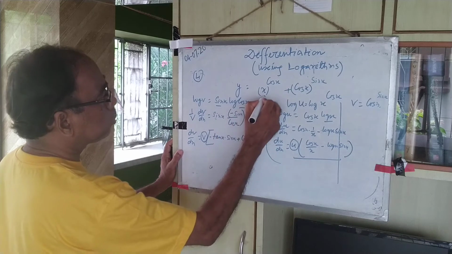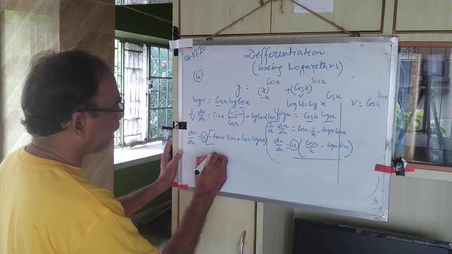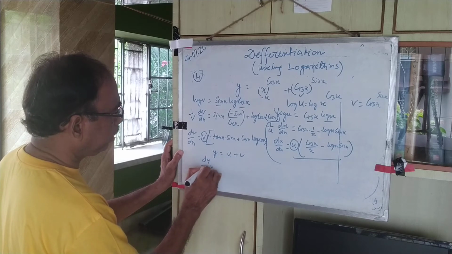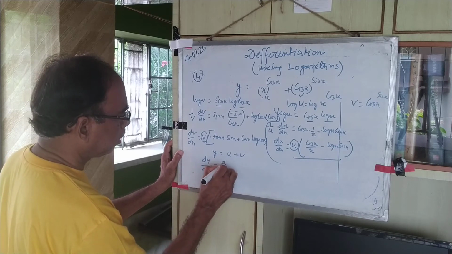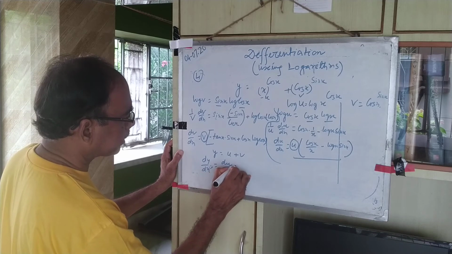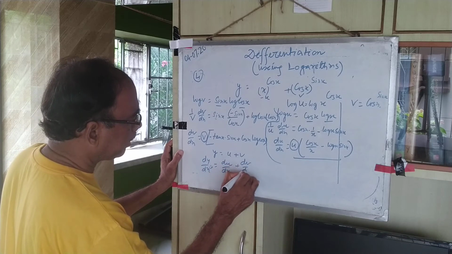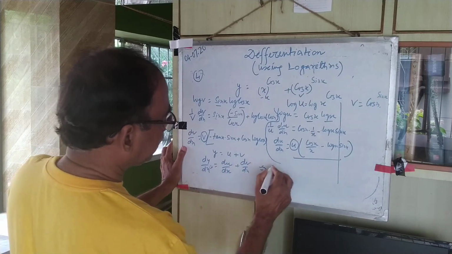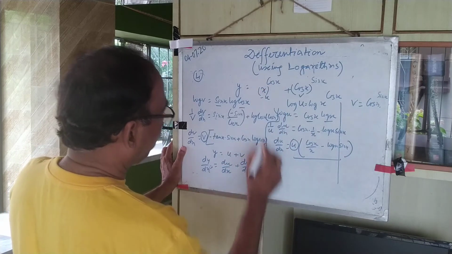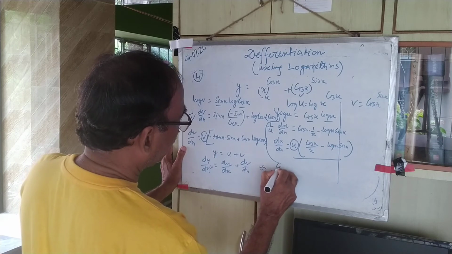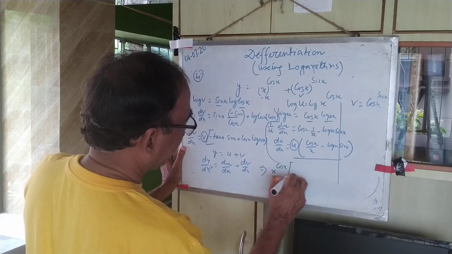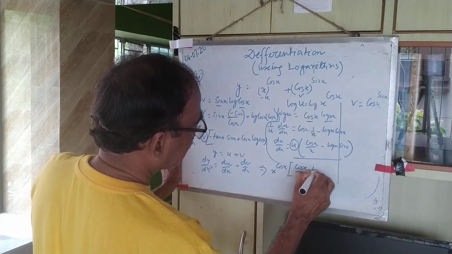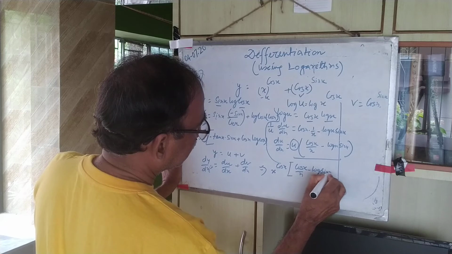Now this was u, this was v, then y equals u plus v, then dy by dx equals du by dx plus dv by dx. du by dx is this, value of u, x to the power cos x times (cos x by x minus log x sin x).